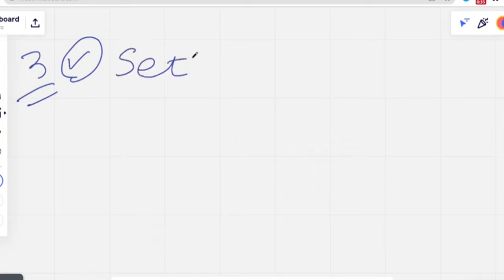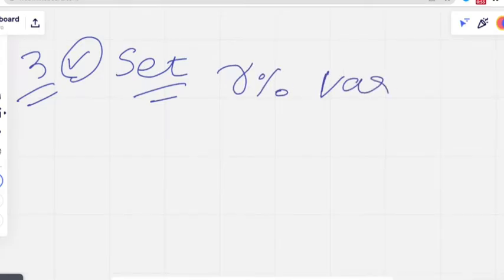Third set of problems in simplification, simple and compound interest: when the rate of interest is different for different time periods. The rate of interest varies for different time periods.